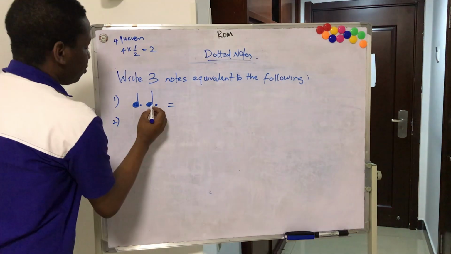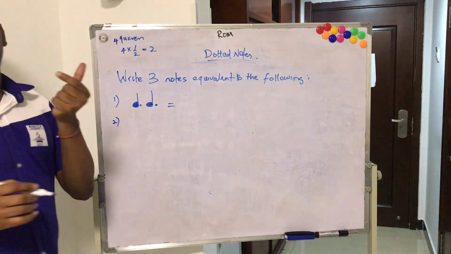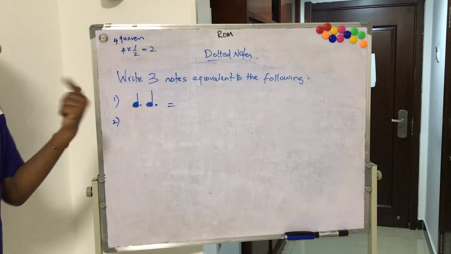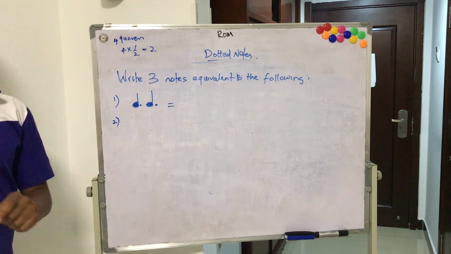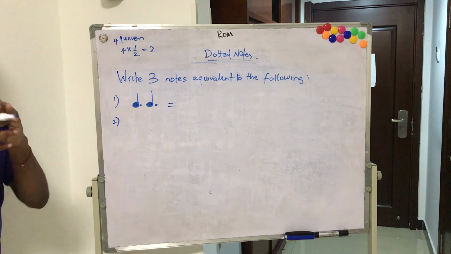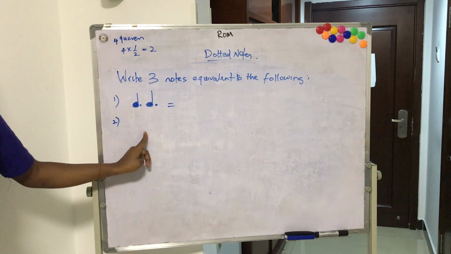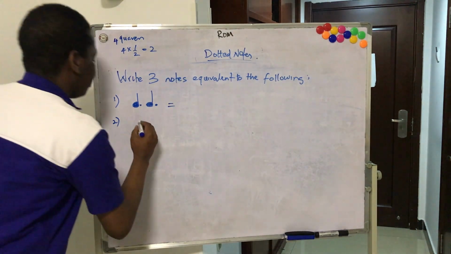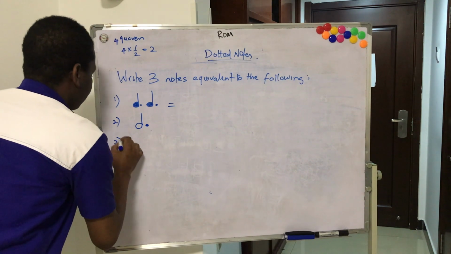It doesn't matter how you want to spread it out, but make sure that there are only 3 notes. It's possible that 5 or 6 notes can make up these things, but I just want 3. Make sure that when you add the beats of the 3 you write, they make up the same number of beats. 3 notes equivalent to this one.